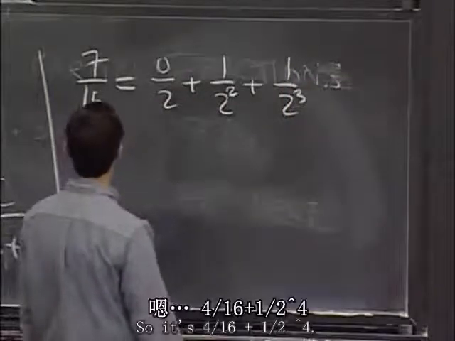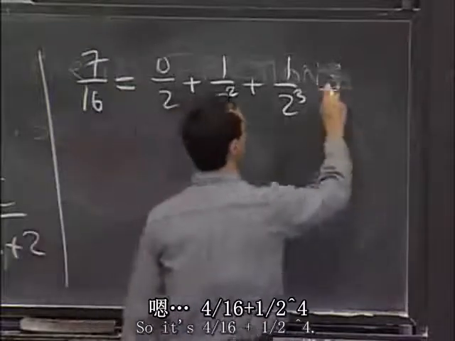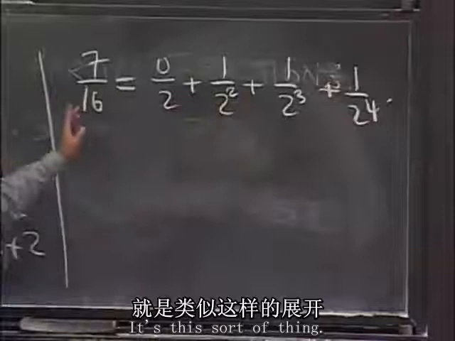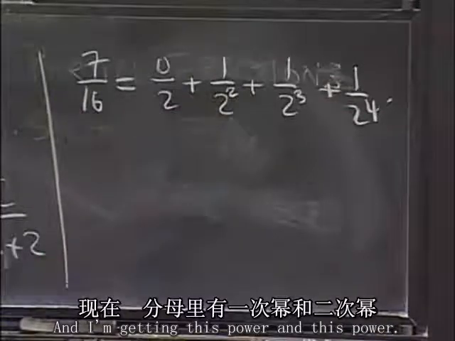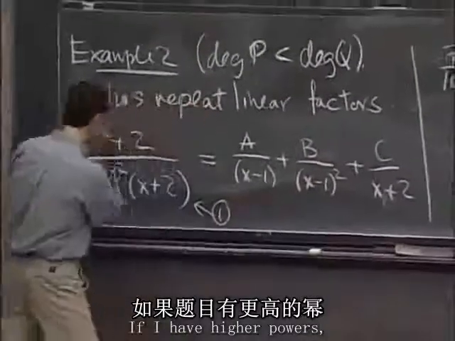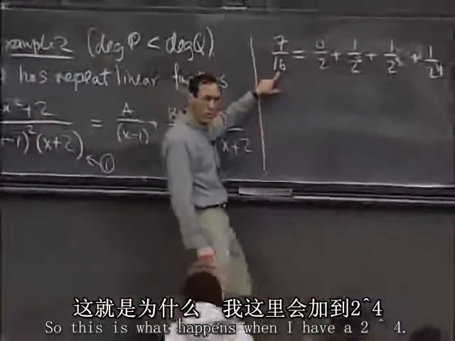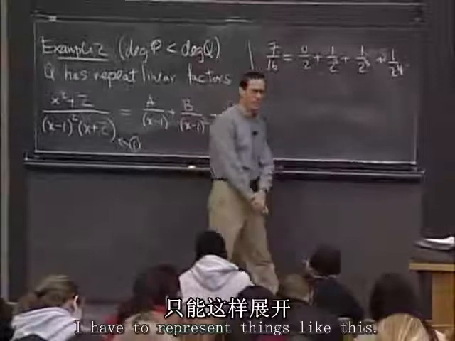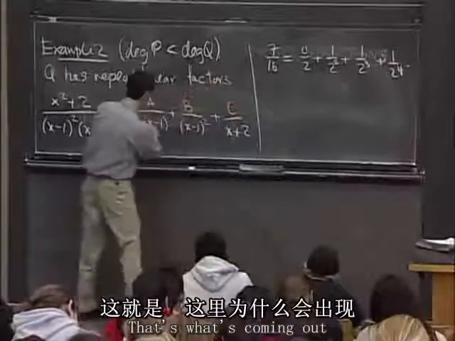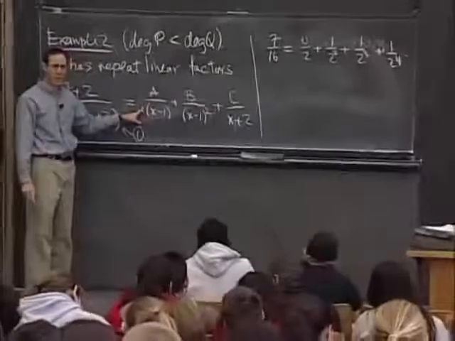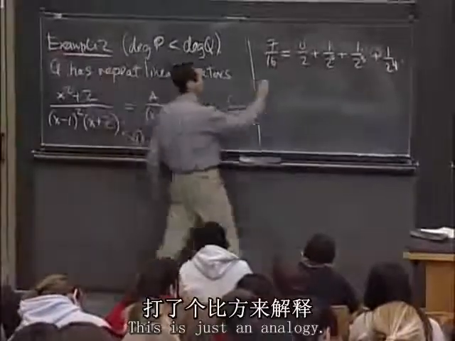So it's 4/16 plus 2 plus 1 over 2 to the 4th. It's this sort of thing. And I'm getting this power and this power. If I have higher powers, I'm going to have more and more. So this is what happens when I have a 2 to the 4th. I have to represent things like this. Now that's what's coming out of this piece with the repetitions of the powers. So this is just an analogy with what we're doing.